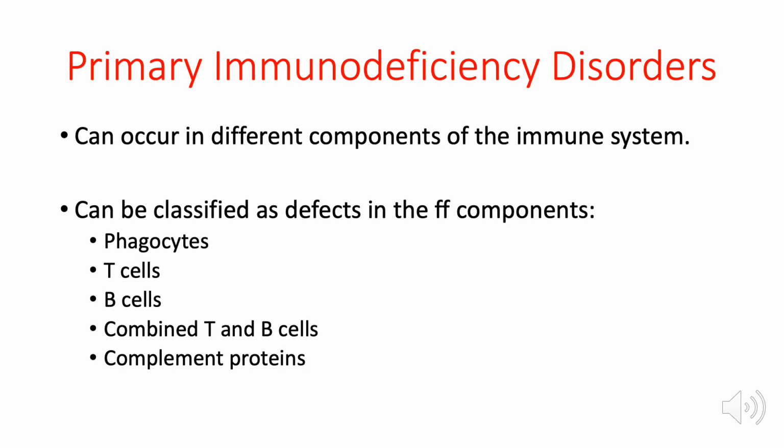Primary immunodeficiencies can affect different components of the immune system. We have the phagocytes, we have the T cells, we have the B cells, we have combined T and B cells, and we also have immunodeficiency disorders involving the complement proteins.